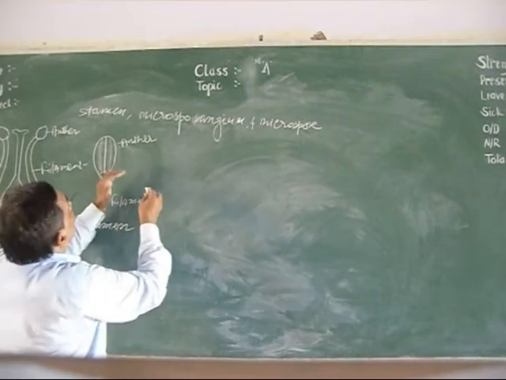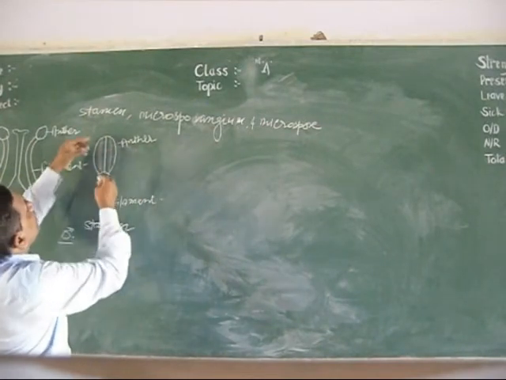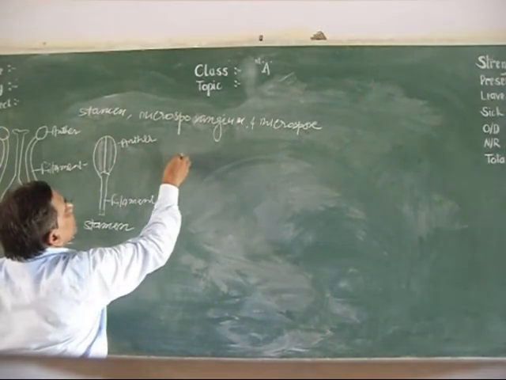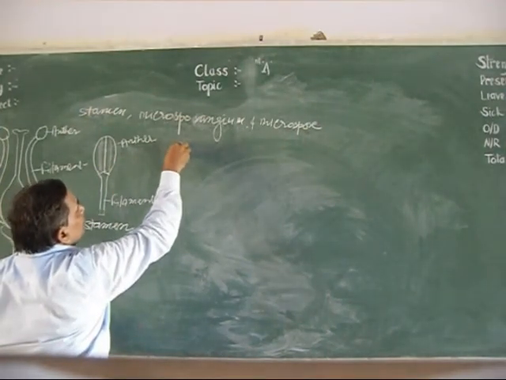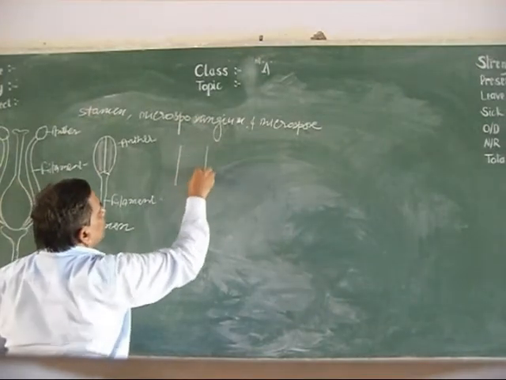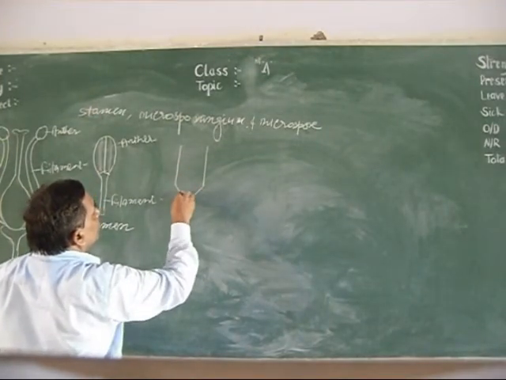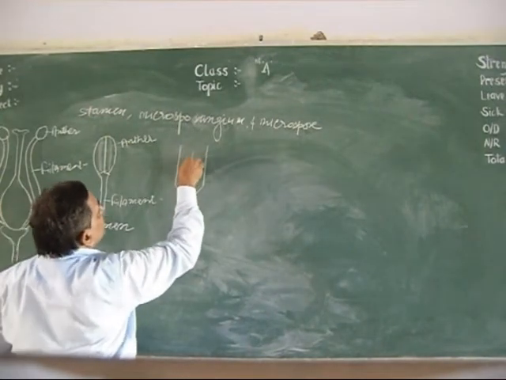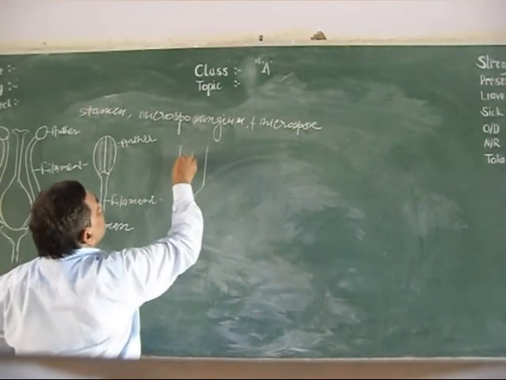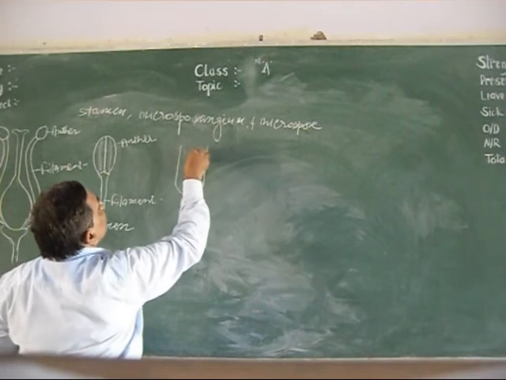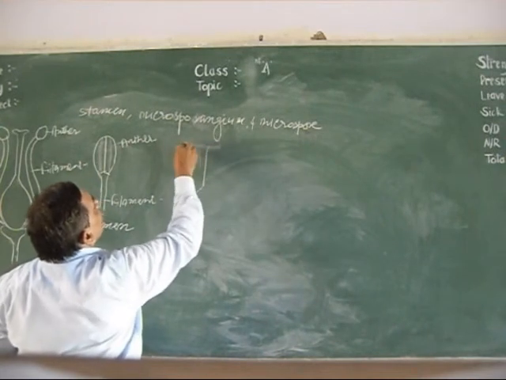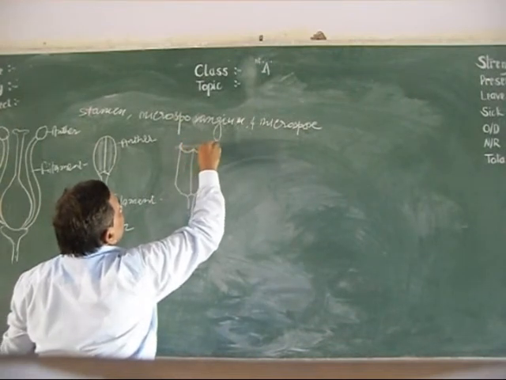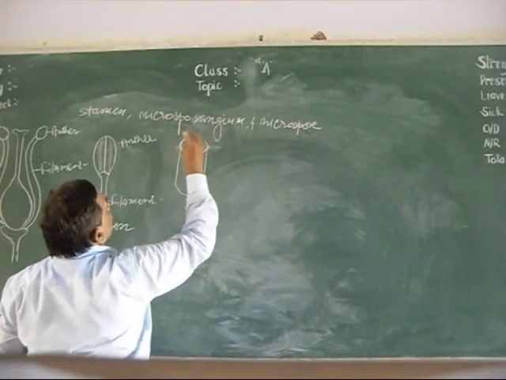But here I will show it. If you cut a transverse section, you will get four lobes. Suppose you cut the transverse section of this anther, then you will get the lobe and the theca. Here is one sporangium, this is the other sporangium.